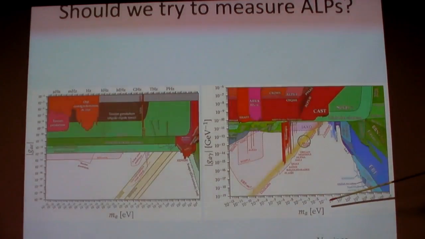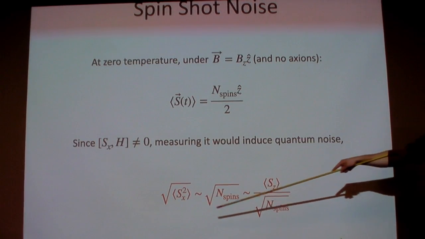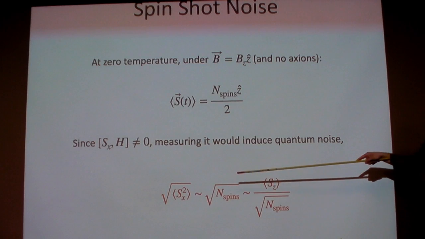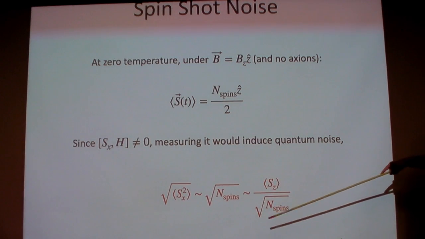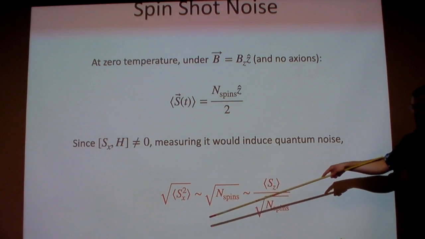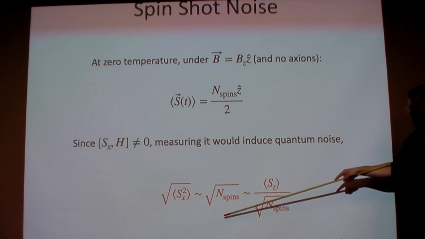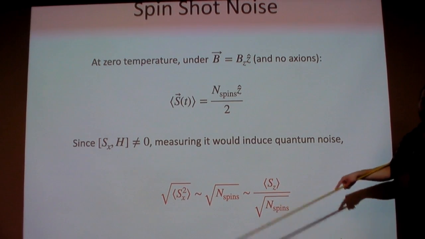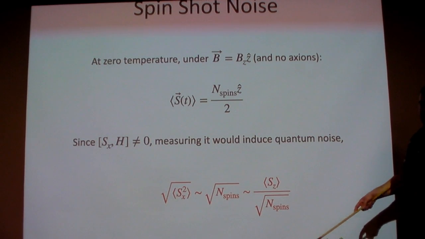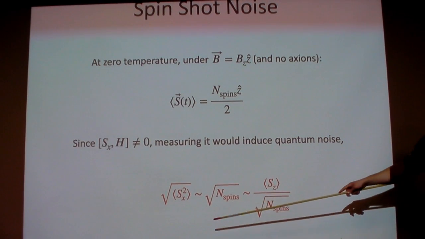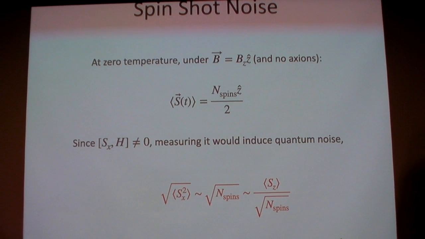As I said here, the actual spin projection noise goes like the square root. However, it is the signal divided by the square root. If you're measuring in most direct ways, it would just mean that essentially you're losing 1 over the square root of the spins compared to the usual strategies, but you are still proportional to the square root of the number of spins. So there's a lot of subtleties here.